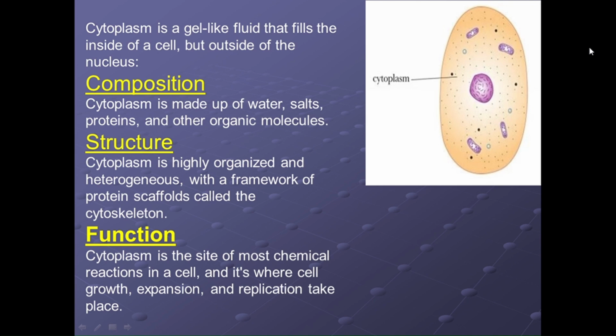When we see the structure of cytoplasm, it is highly organized and heterogeneous, with a framework of protein scaffolds called the cytoskeleton. In the cytoplasm, there is water, salt, protein and other organic molecules.